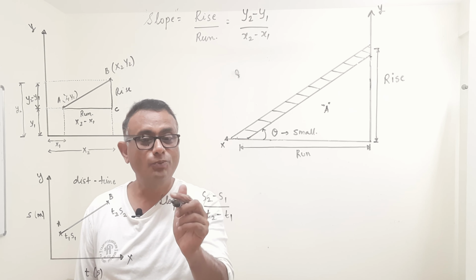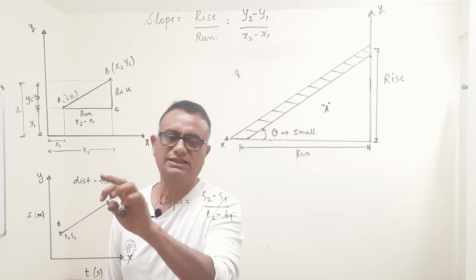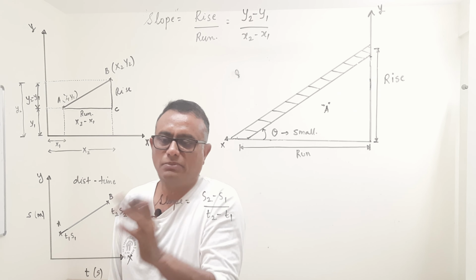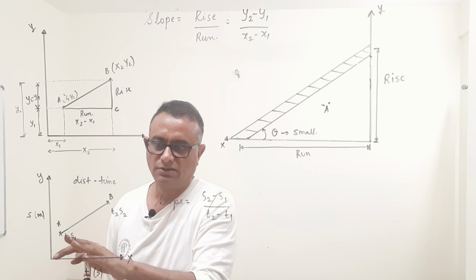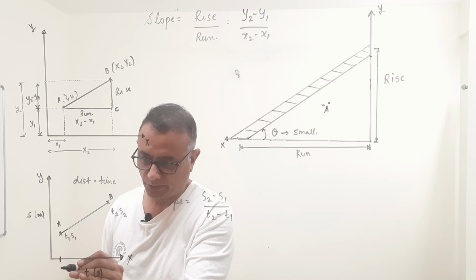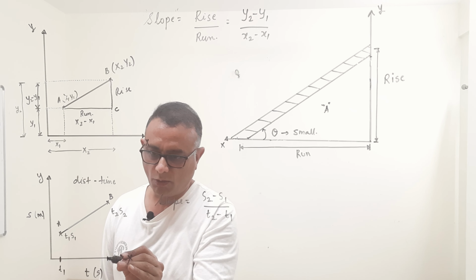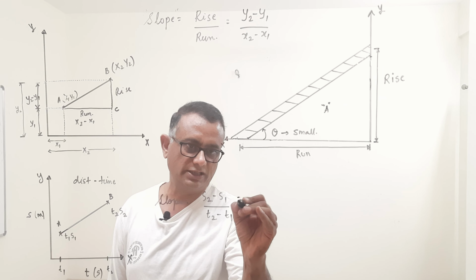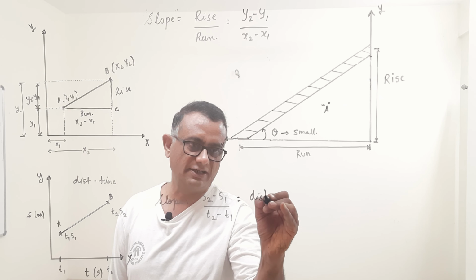But what is this slope going to signify in the distance time graph, right? So if you look at it, this is the distance traveled by maybe some object which is under observation between the time intervals t1 to t2, isn't it? So what was the distance traveled between the time intervals is s2 minus s1. Therefore, this is the distance traveled.